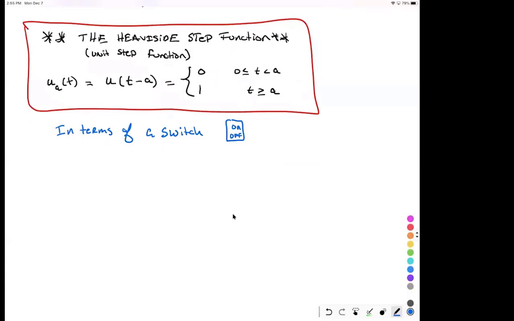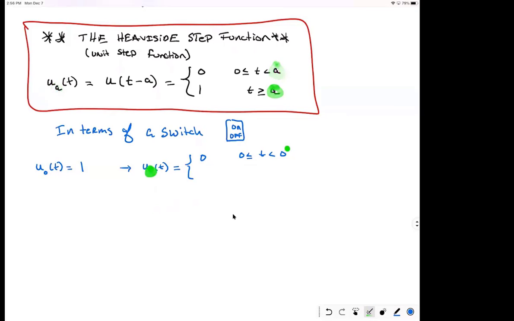One thing I want to mention with some notation here is I view the u sub 0 of t to equal 1. The reason I'm going to call it that is because u sub 0 of t as a piecewise function would be 0 for 0 less than or equal to t less than 0, because remember, the a goes in these spots.